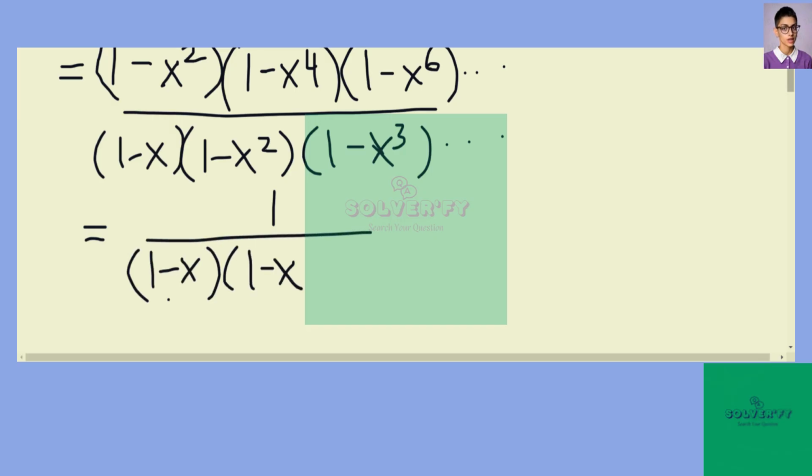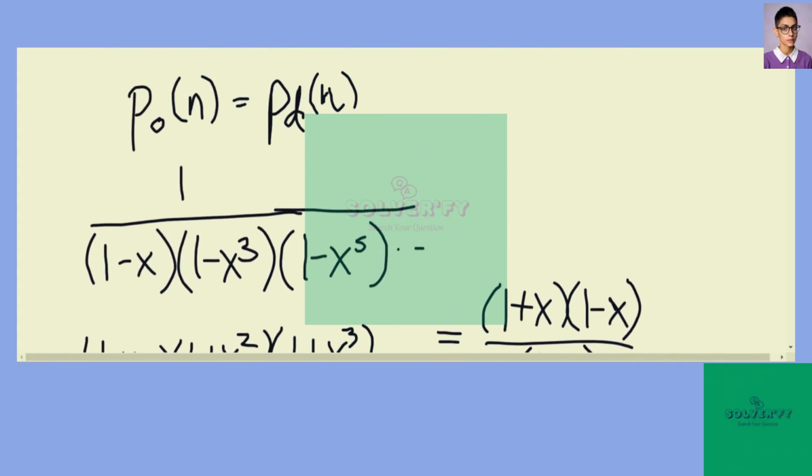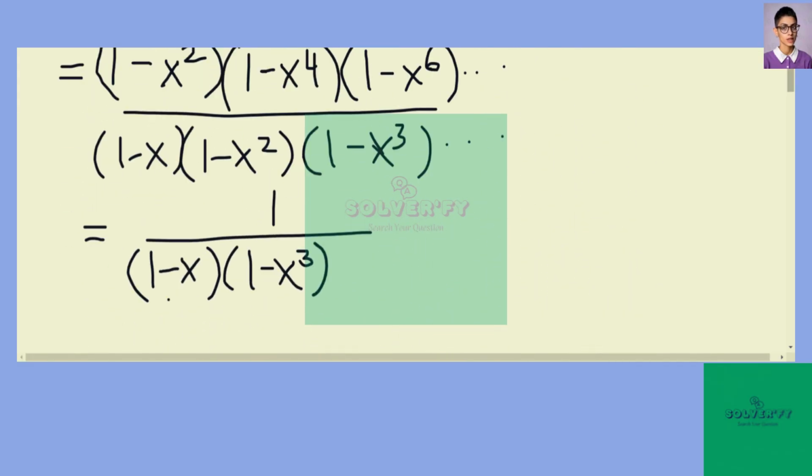And so we end up with 1 over 1 minus x times 1 minus x cubed times 1 minus x to the fifth, and so on.